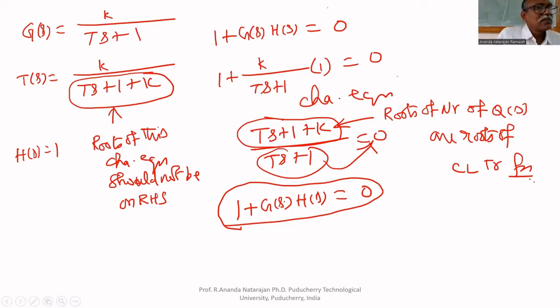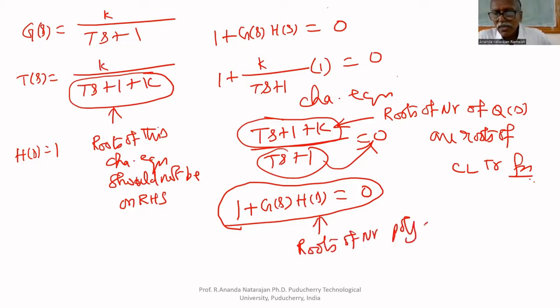Am I correct or not? Roots of the numerator polynomial equal closed loop poles, as far as Q of S is concerned, not the transfer function. If you consider the transfer function, only the denominator polynomial matters.